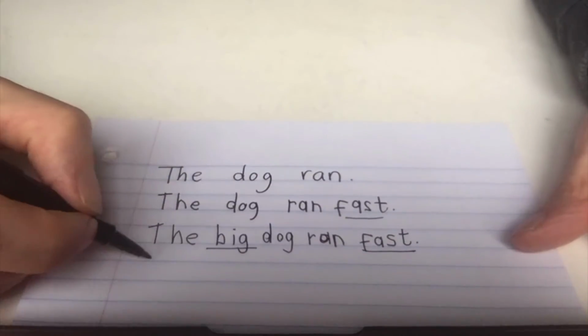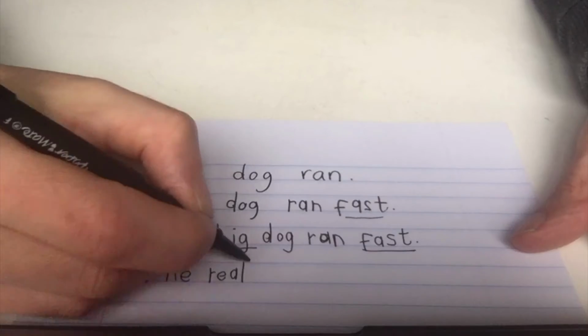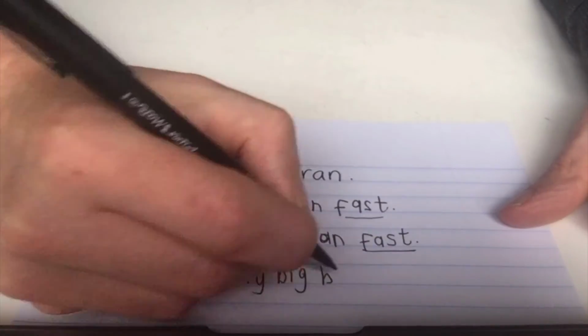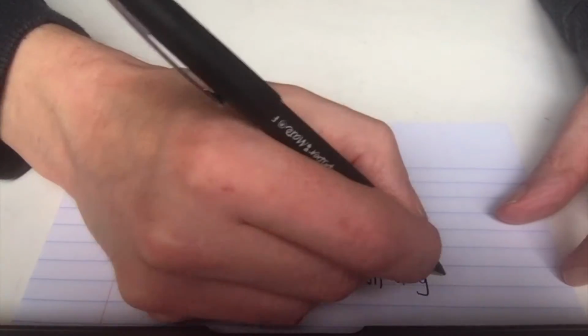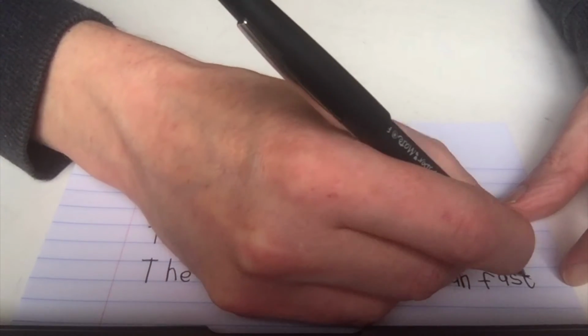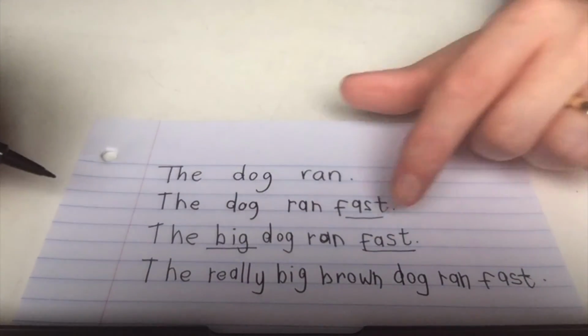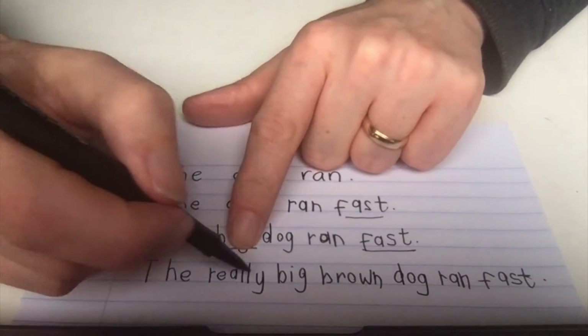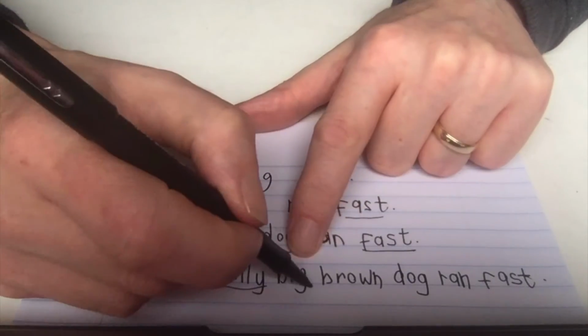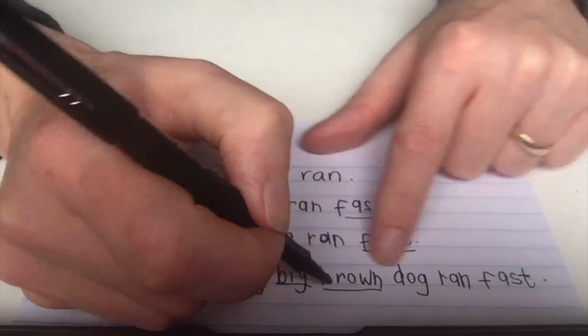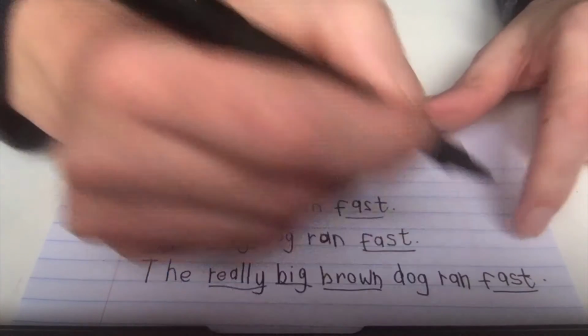Hang on, something else. I visualized something else in my head. Here, I just can see it. Hang on, I'm gonna write it. I need to do it now so I don't forget. Look at this. Now, my gosh, we've added really big brown dog ran fast.